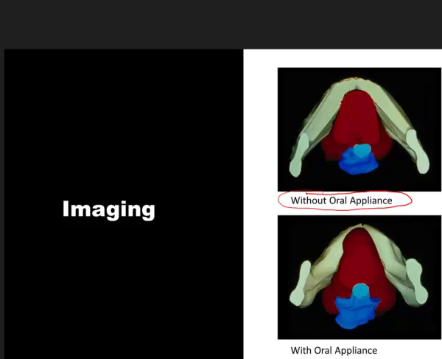Now we've moved the jaw forward, and look what happened here. The lumen space didn't really get much bigger. So this area here is not much bigger than the area on the top without the jaw coming forward. But in the lateral dimension, it got bigger.